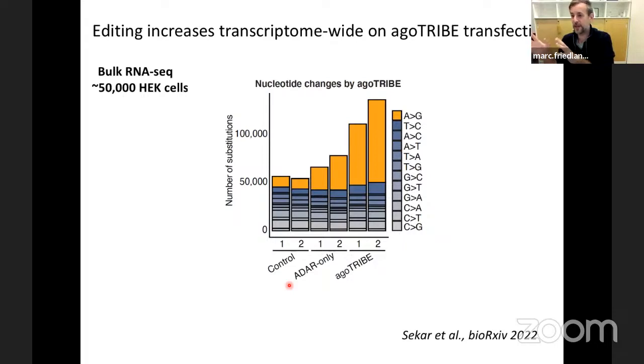So this gives us some kind of background of just transfecting in ADAR by itself. How much editing does this cause? And we can see that from the controls to ADAR only, there's an increase, but even more with agoTRIBE. And in orange, you can see that these are specifically the A to G conversions that we expect.